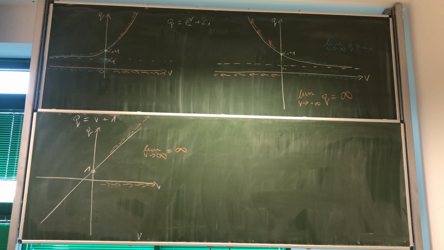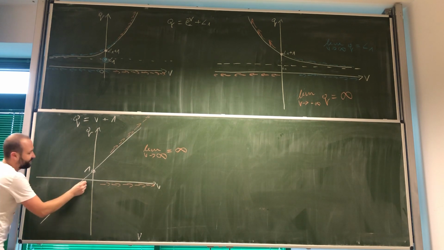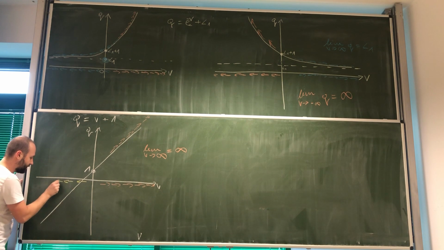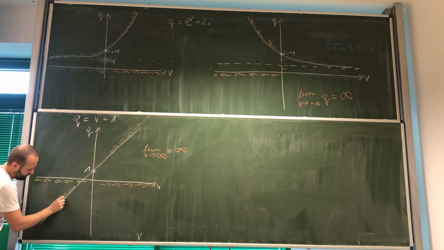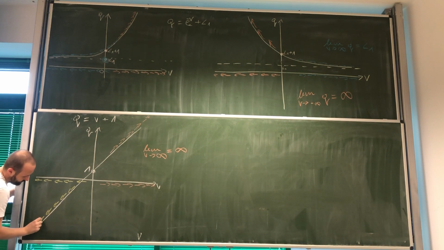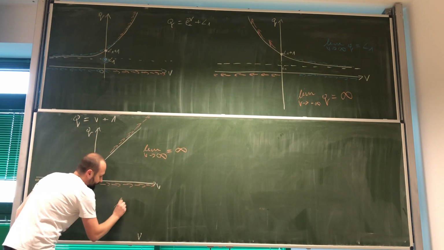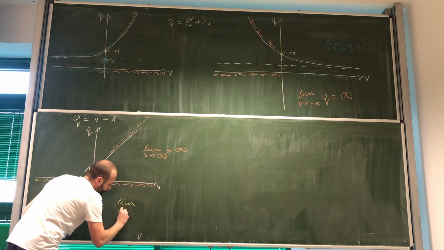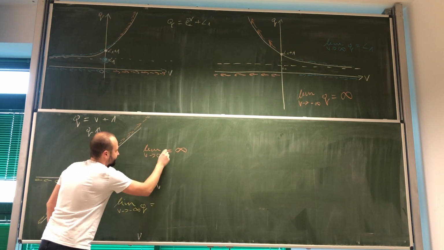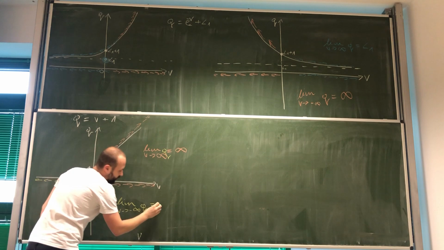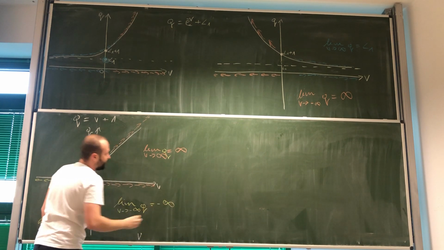Now, as v is getting lower and lower and is going to negative infinity, we see that the values are ever decreasing. So the limit here with v approaching negative infinity of q is equal to negative infinity.